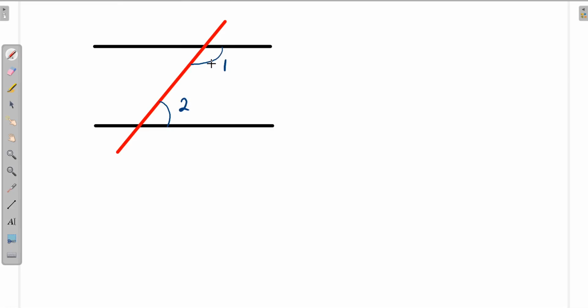Those are interior and on the same side of the transversal line. Since the transversal line cuts the parallel lines, there is a relation between angle 1 and 2. The relation is that the sum of angle 1 and 2 is equal to 180 degrees.